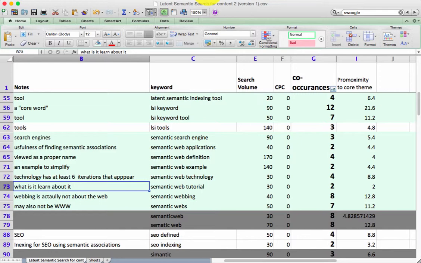And I think the method that I'm showing here is something that you would hand off to a writer or web page creator, and you could give it to them in the form of notes, which is how I've done this here.